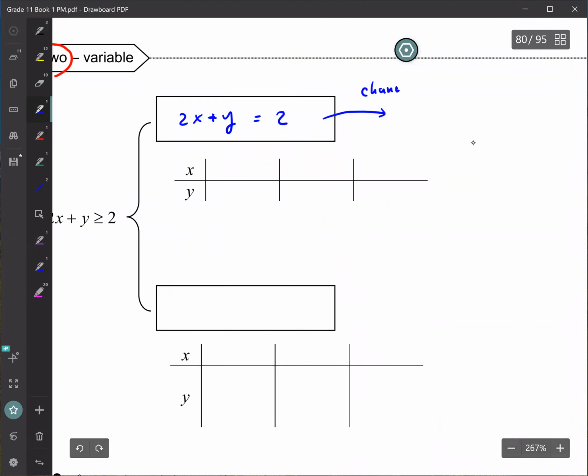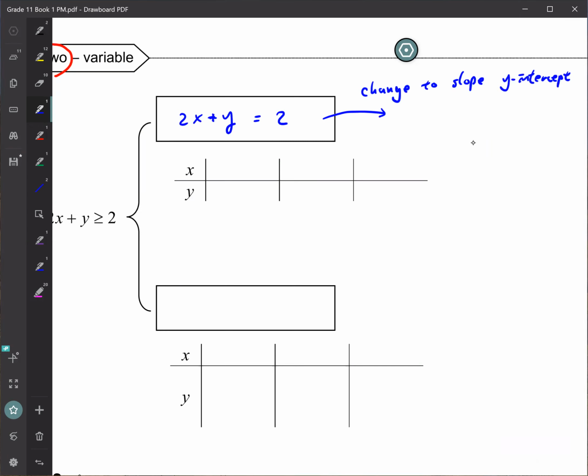Does anyone remember what slope y-intercept form looks like? Colin, do you remember what is slope and y-intercept? I forgot. Okay, does anyone else remember? It's from grade 10. Slope y-intercept form. Anyone remembers that? Ivy, how about you?